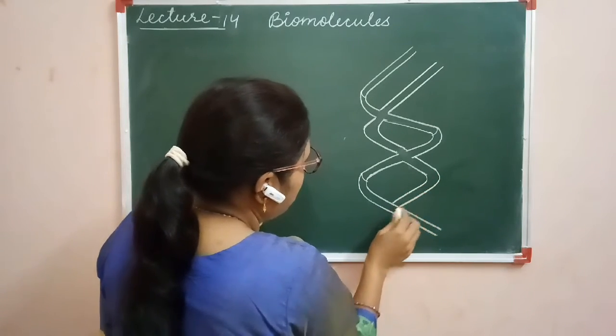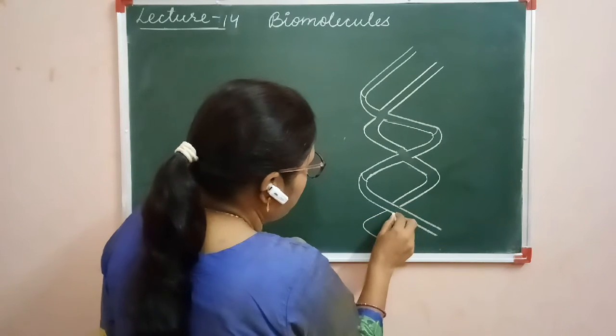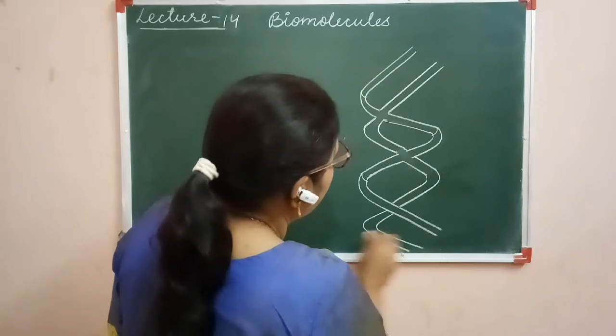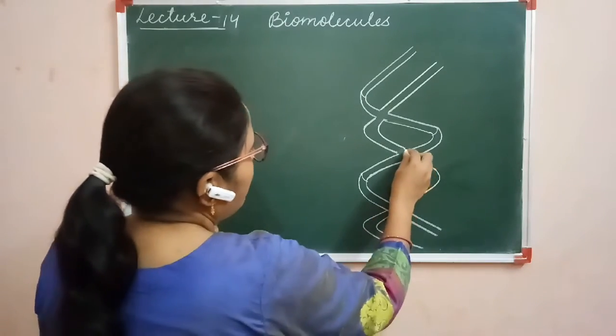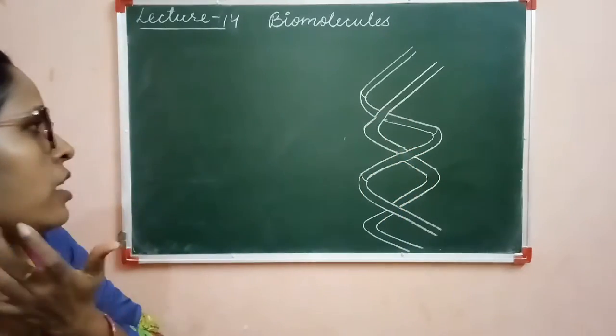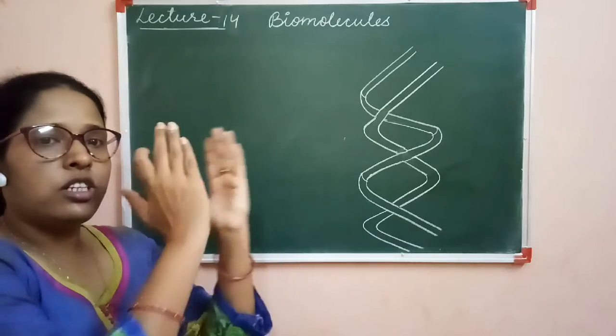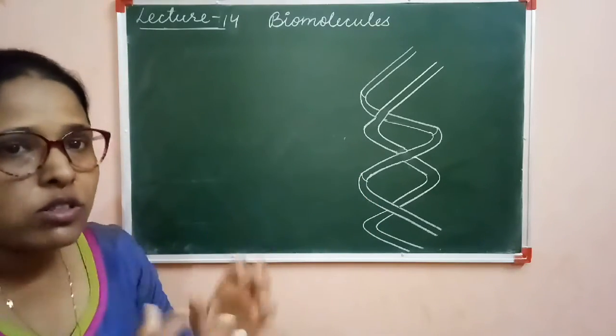This is the next turn, and here this goes like this. So this is the structure of DNA, which is an anti-parallel structure. Here the two strands run parallel to each other without overlapping or crossing each other.